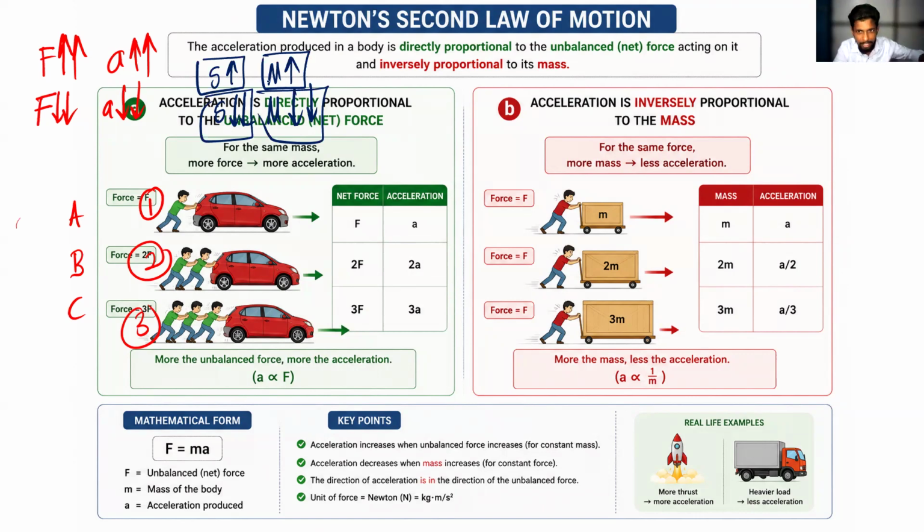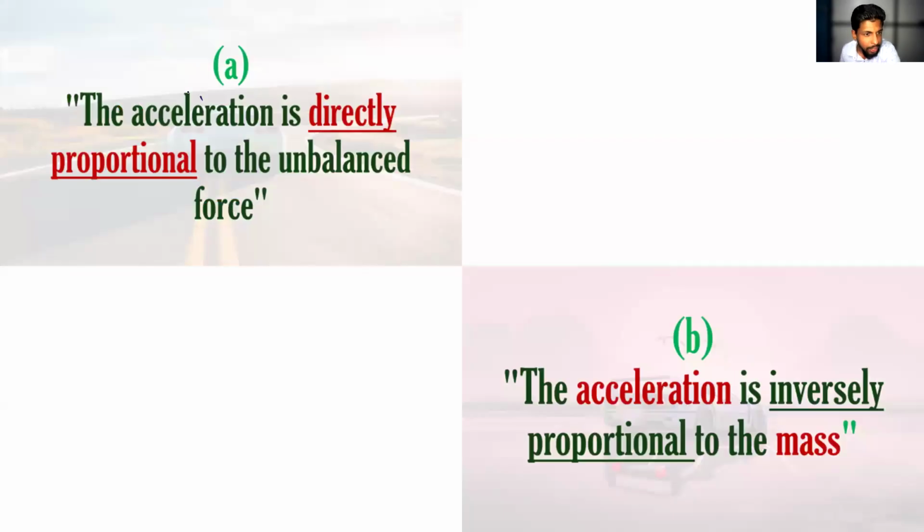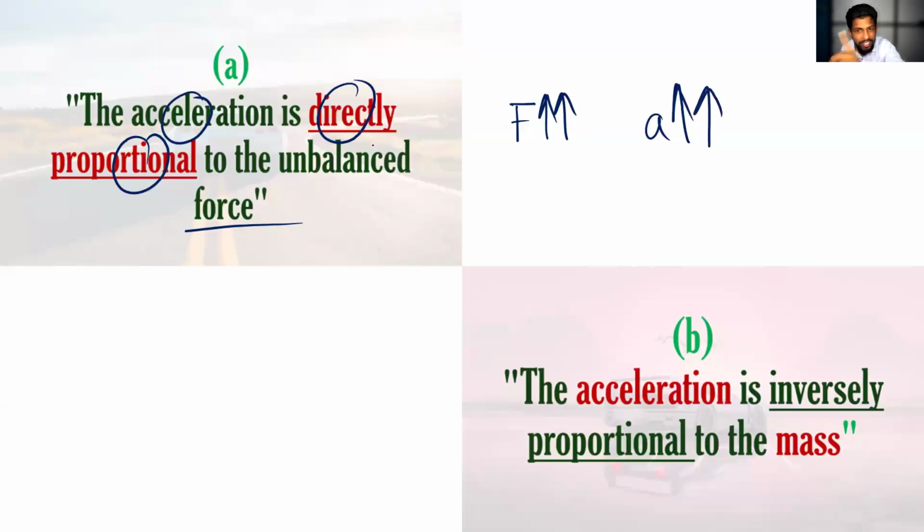Same like that here, when the force increases, acceleration also increases. So acceleration is directly proportional to force. Did you get that idea? If you are increasing the force, acceleration also increases. So this is called directly proportional.